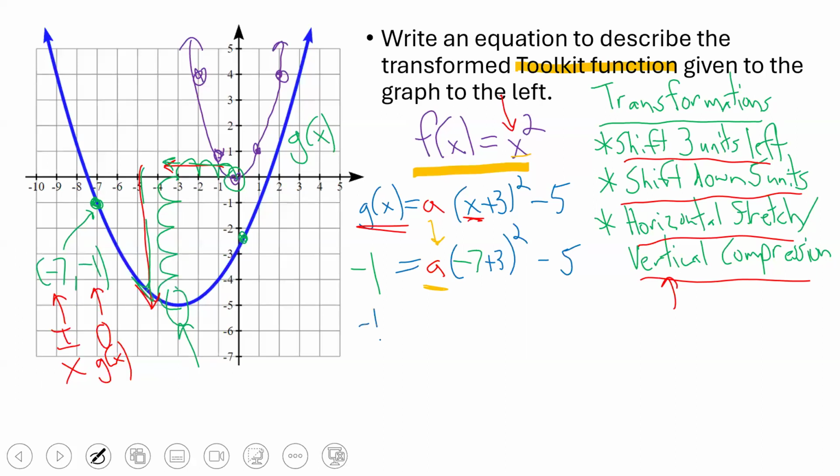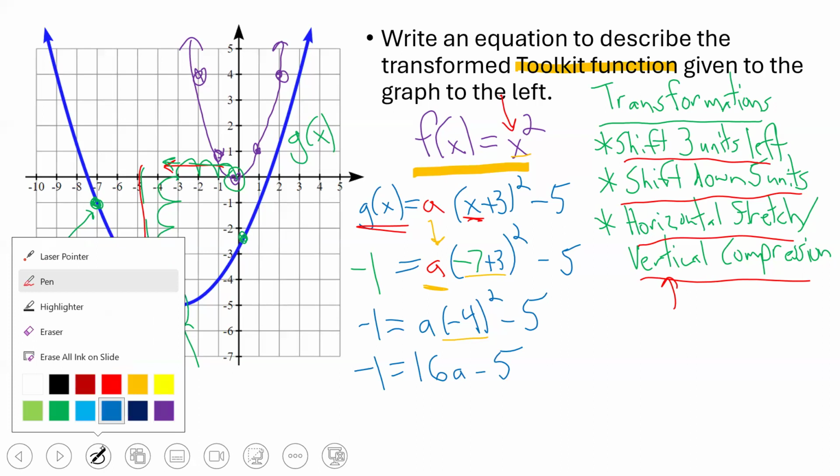So this will now be -1 equals, I'm going to leave the a, and simplify here: -7 plus 3 is -4, squared, minus 5. Then simplify a little bit more. We have -1 equals the -4 quantity squared, that's 16, times a, which makes 16a minus 5. And then we just have a linear equation to solve.